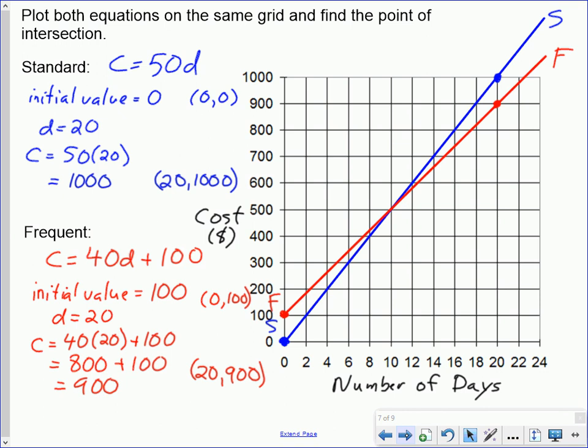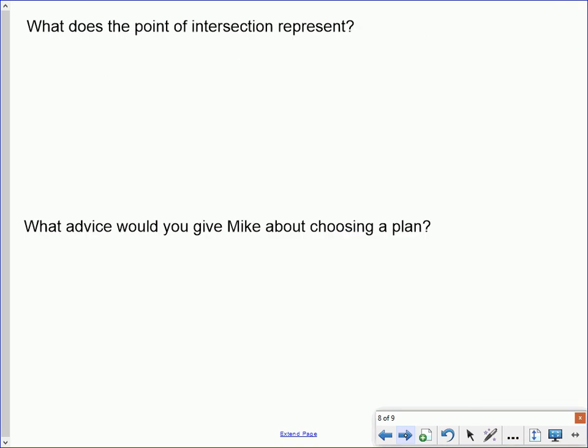Okay, which plan should he choose? Well, let's find our point of intersection. The point of intersection is right here at 10 days. So they intersect at this point, 10, 500. So you have this question on your page. What does the point of intersection represent?